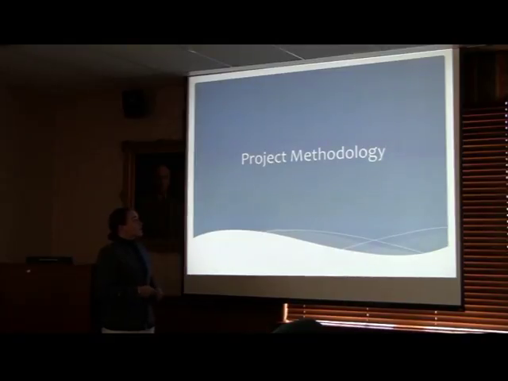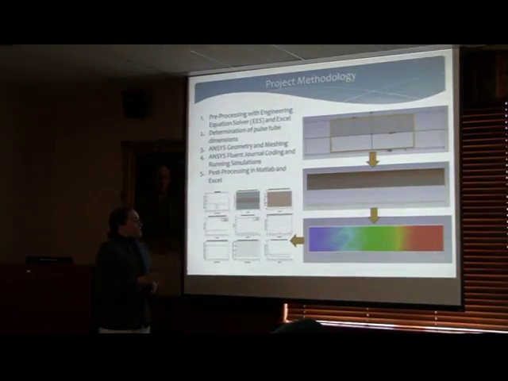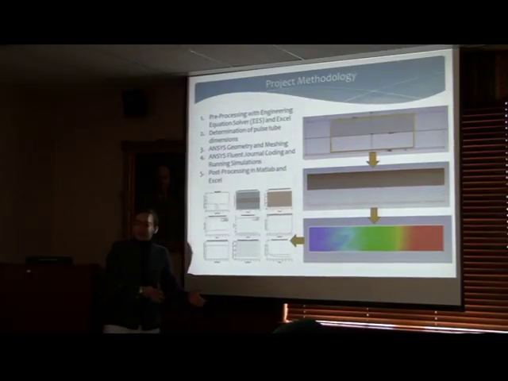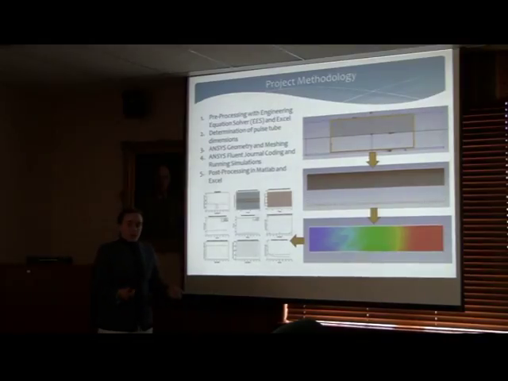So, project methodology. The way this project is done is we first did some pre-processing, which includes optimizing the pulse tube size before we even get to simulations, based off of the simulations that we want to run.